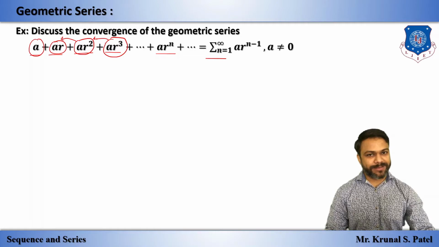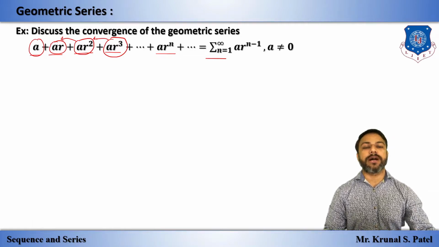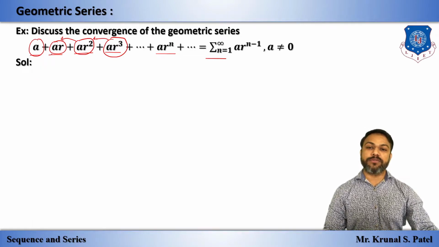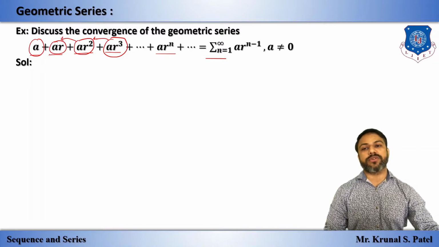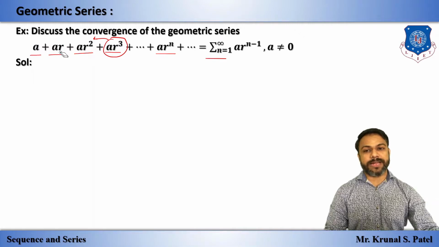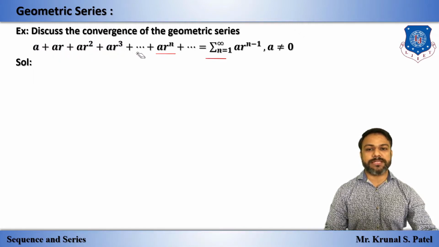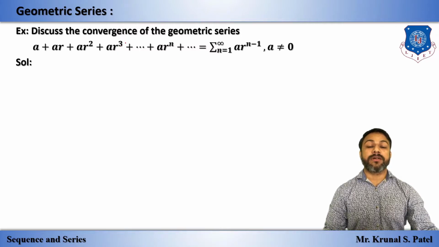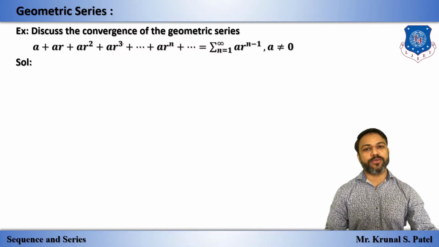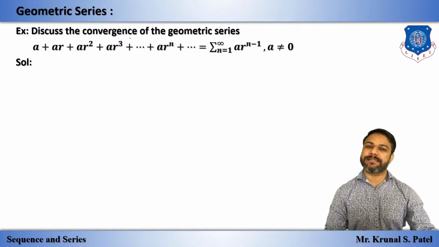So this is a geometric series with common ratio r. Now we have to check the convergence of this series, and after getting the convergence, we will have one conclusion, and that conclusion we consider as the geometric series test.